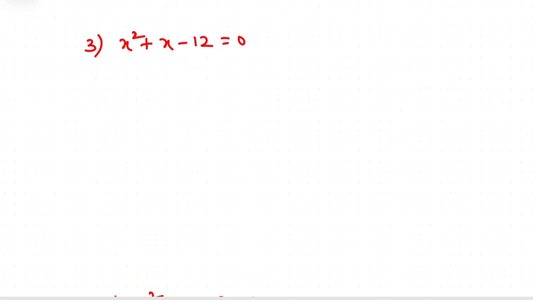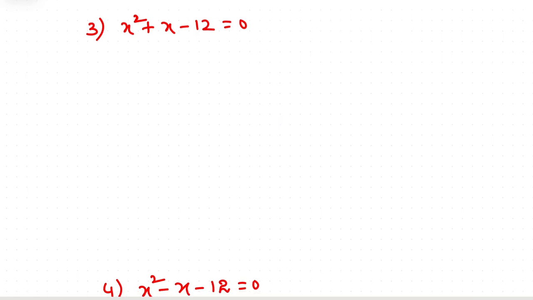Now model number 3. Okay, similarly here a value 1, b value 1, c value minus 12. Once again multiply a into c. 1 into minus 12 is minus 12, plus into minus is minus. So minus 12.